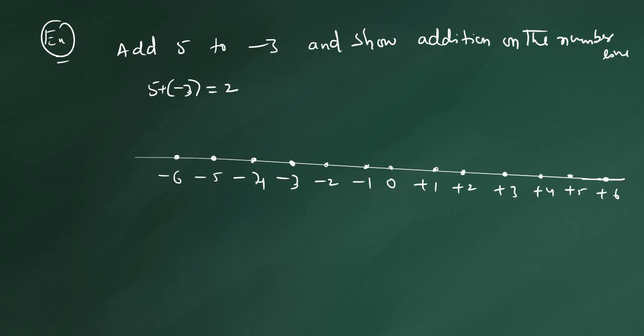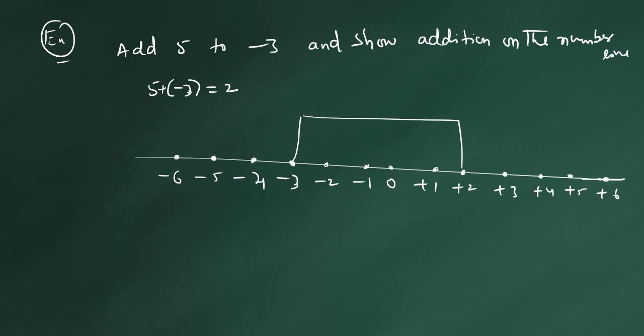Minus 3 is there on the number line, that we have to take here, and where the 2 is there, that also we have to take, and these will be represented in this one. Then 5 plus minus 3 is equal to 2.